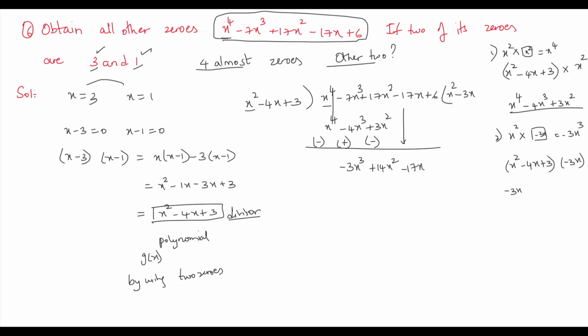That is minus 3x cube plus 12x square minus 9x. Place it carefully. Sign change. The 3x cube and minus 3x cube get cancelled. Plus 14x square minus 12x square will give us 2x square.